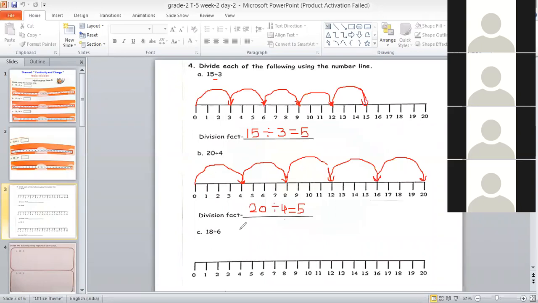AVK Ganesh, we are doing your last question. We have to take steps of 6. If we start from 0 and take steps of 6, which number will we reach? 6, ma'am. 0 to 6. Yes, so we will reach number 6 here.